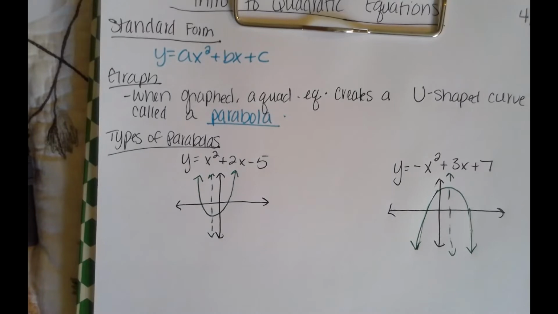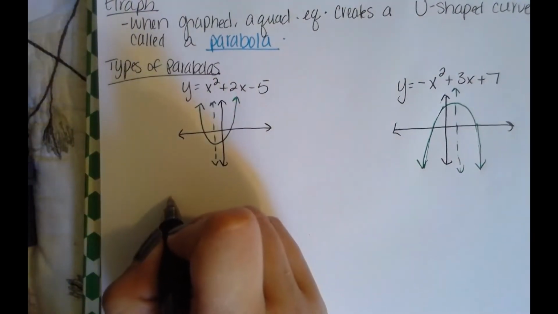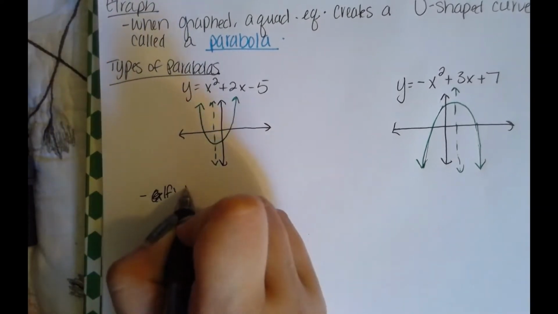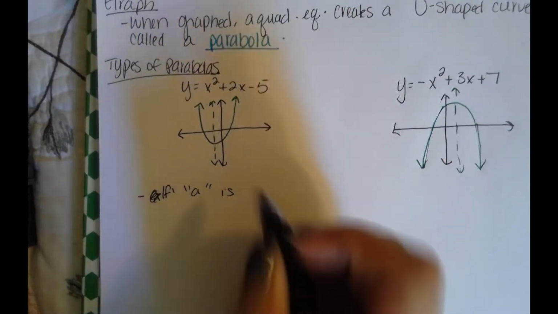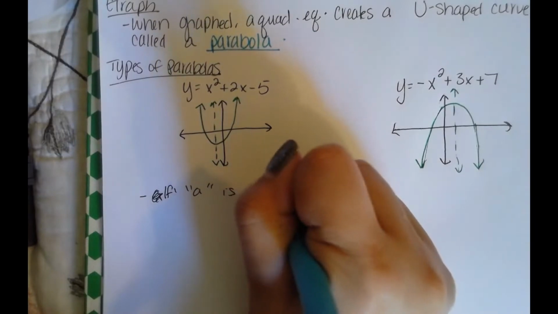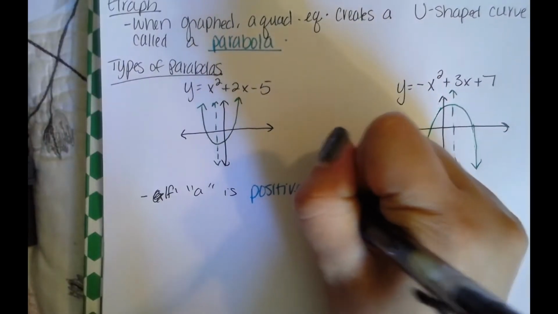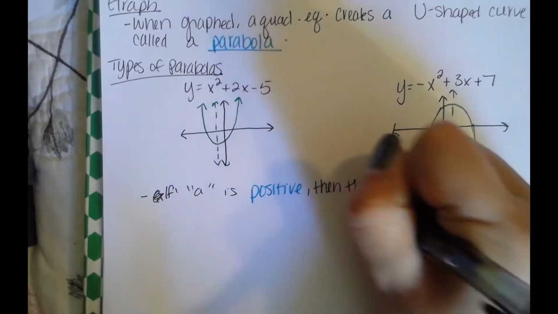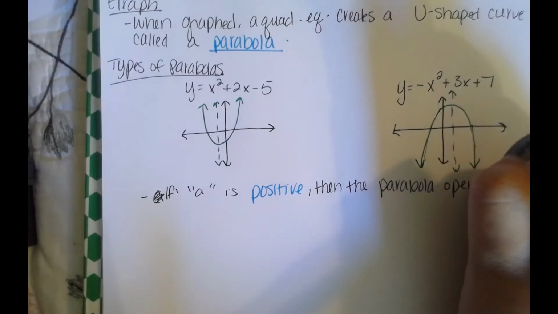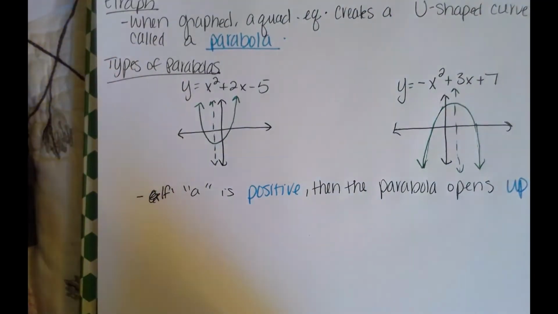So what plays a factor in this is the a. If your a is positive, then the parabola opens up, kind of like a smile.